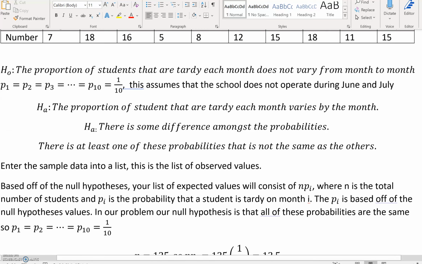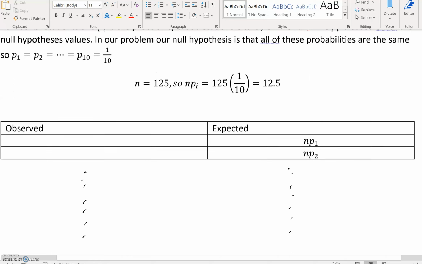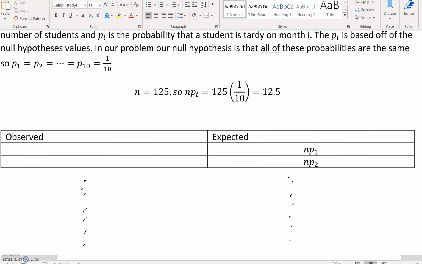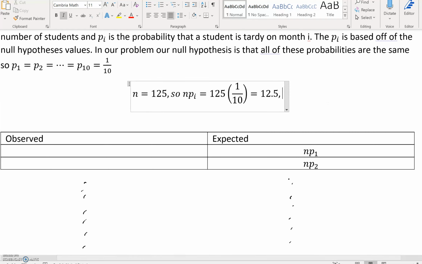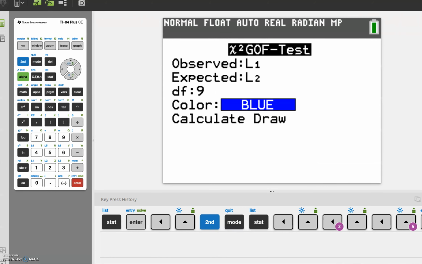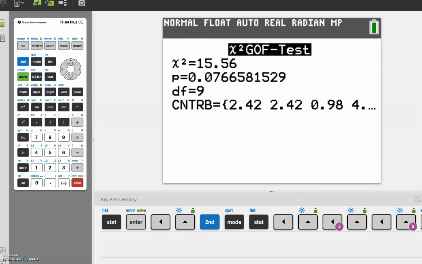So k in this case is 10. Your degrees of freedom is k minus 1, so 10 minus 1 is 9. And then you will hit calculate. You have your test statistic at the top and your p-value right below that.